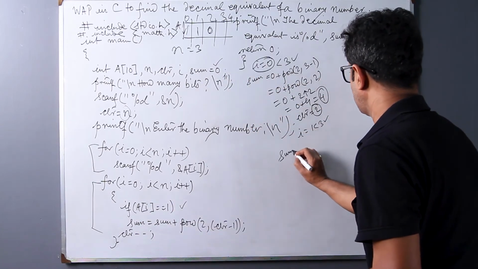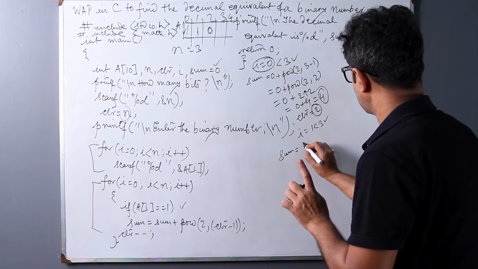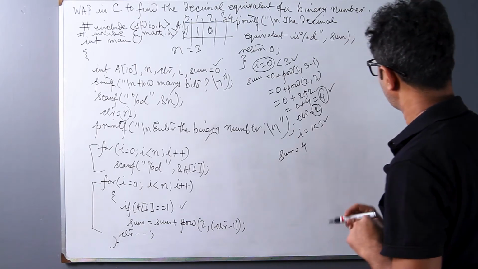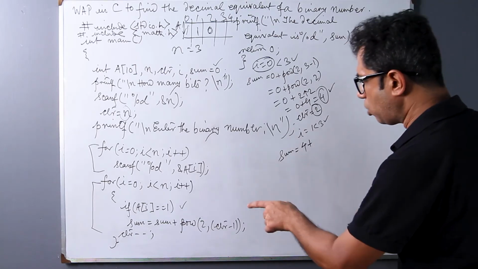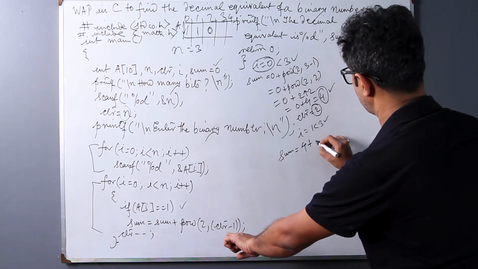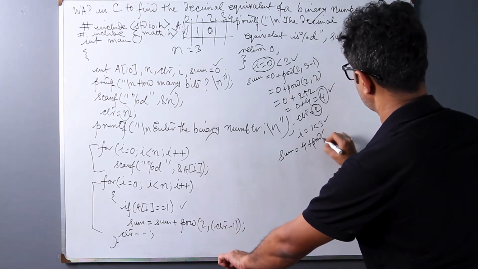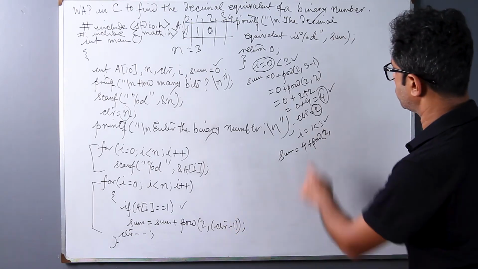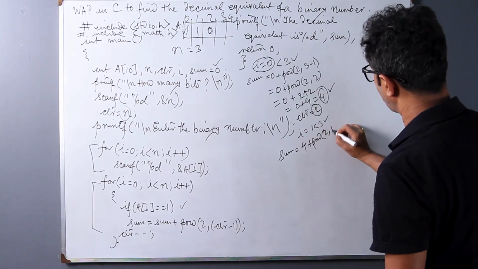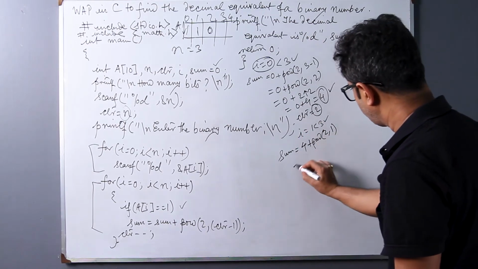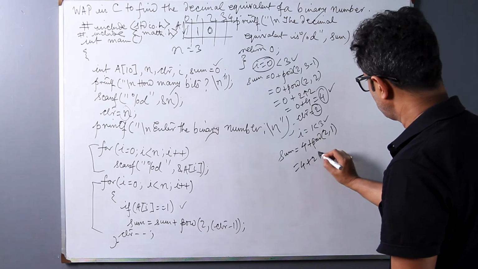Sum is equal to sum plus pow 2 comma CTR minus 1. Sum is now 4, because we have got 4 over here. CTR is 2 minus 1, that is 1. So 4 plus 2 to the power 1.